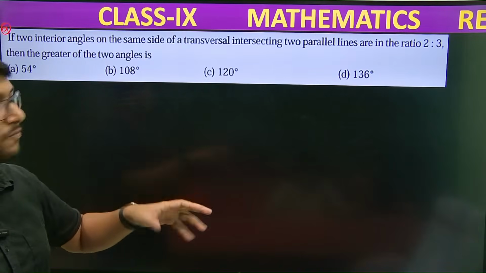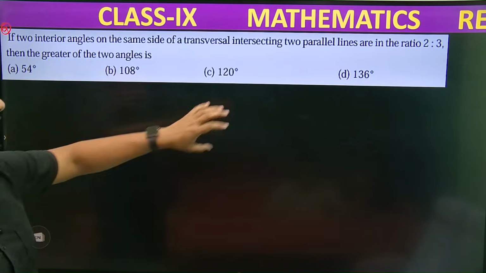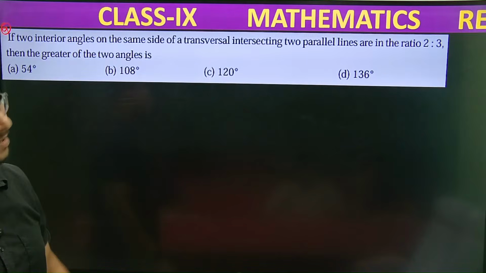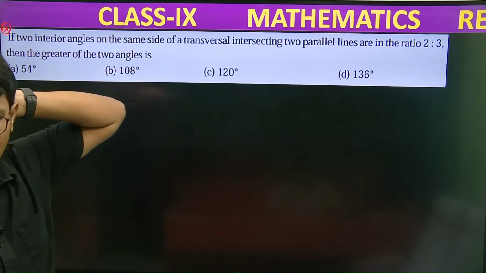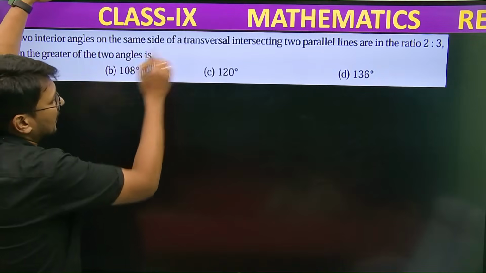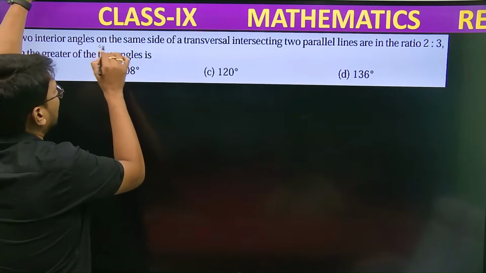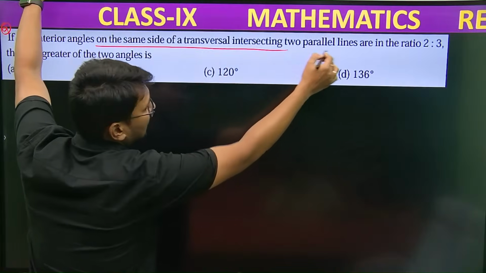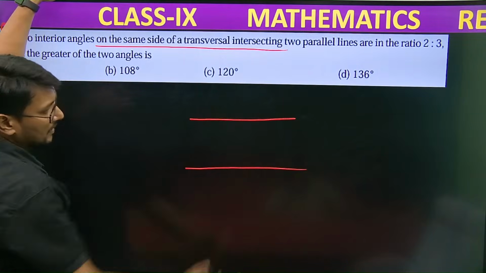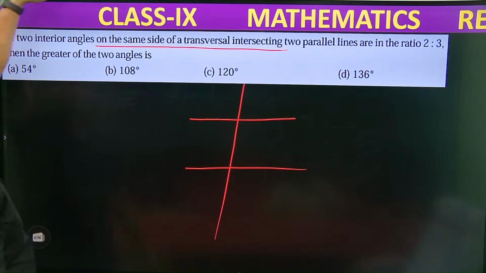Don't worry about whether the answer is 54, 108, 120 or 136. First use the proper concept. The question says: two interior angles on the same side of the transversal intersecting two parallel lines. There are two parallel lines, and this is the transversal.